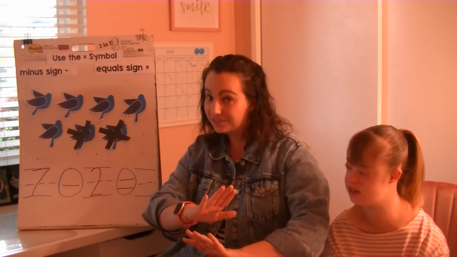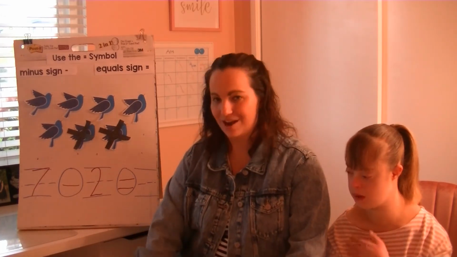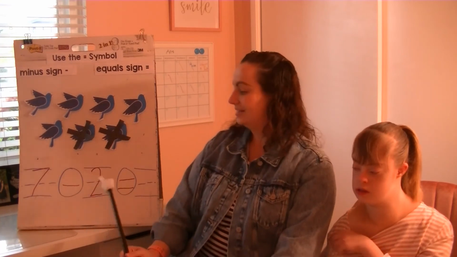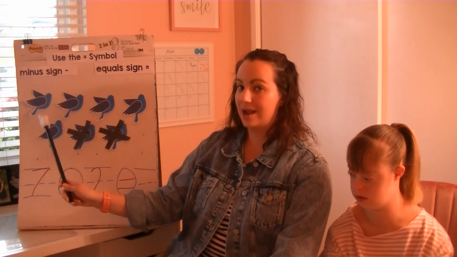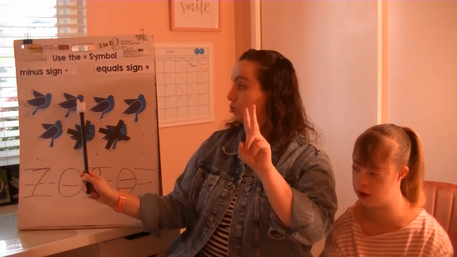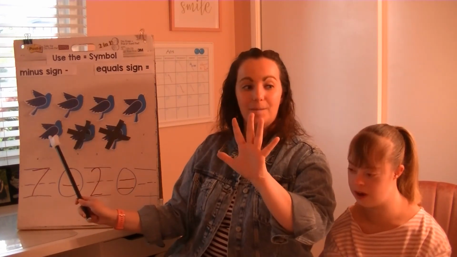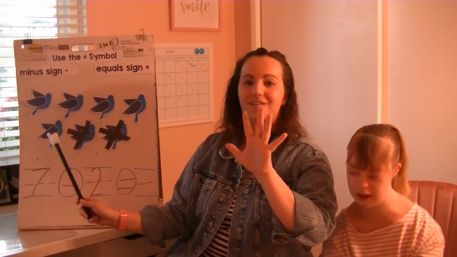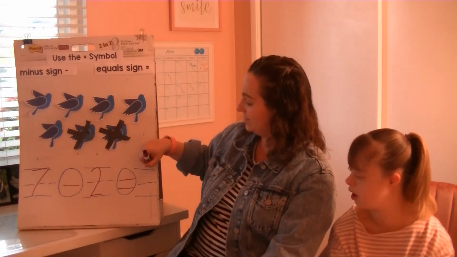Okay, pause if you need to. Let's go ahead and double check your answer. Let's count how many birds are left. Ready, set, count with me. 1, 2, 3, 4, 5. How many birds are left? I say 5. 5. Nice job. So you write your answer right over here.